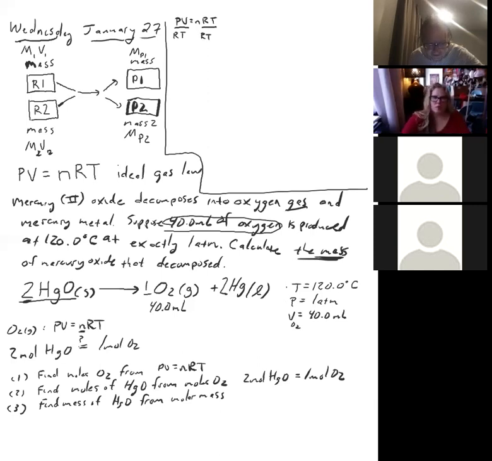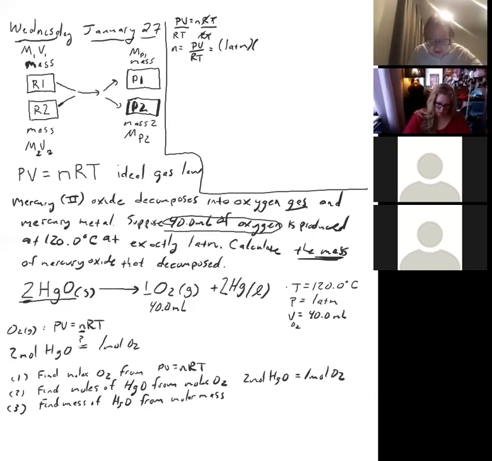So n is equal to PV over RT. So the pressure is 1 atm. That's an exact value. That means when they say it's exact, you don't have to worry about the number of sig figs for that value. Just ignore it. The volume is 40 milliliters.